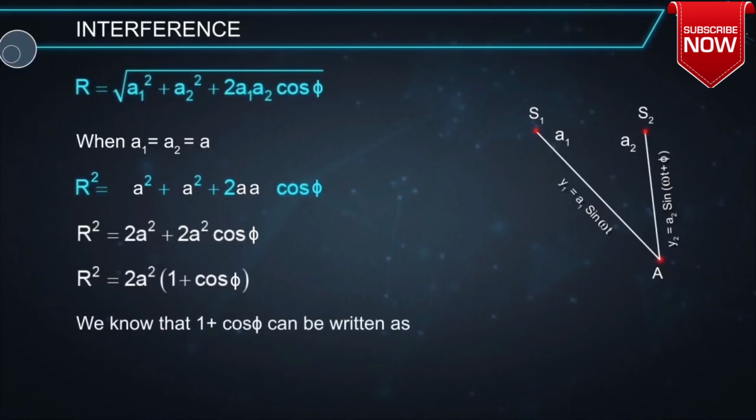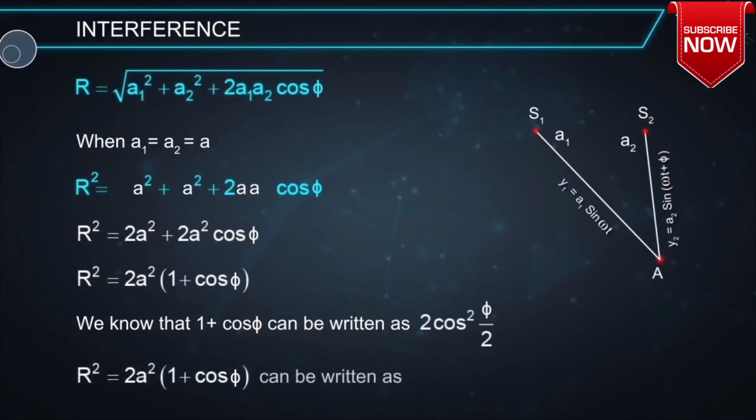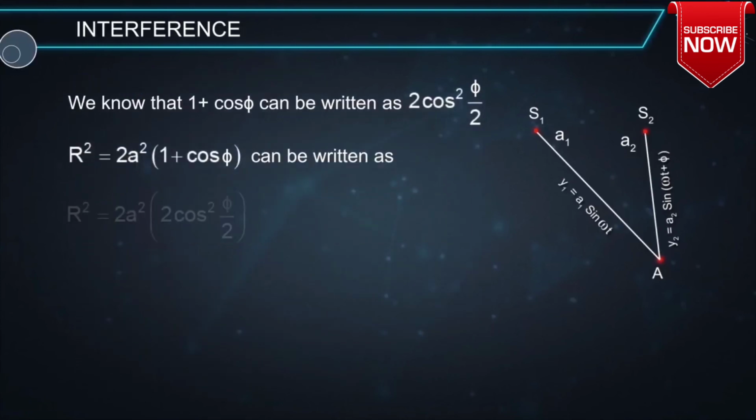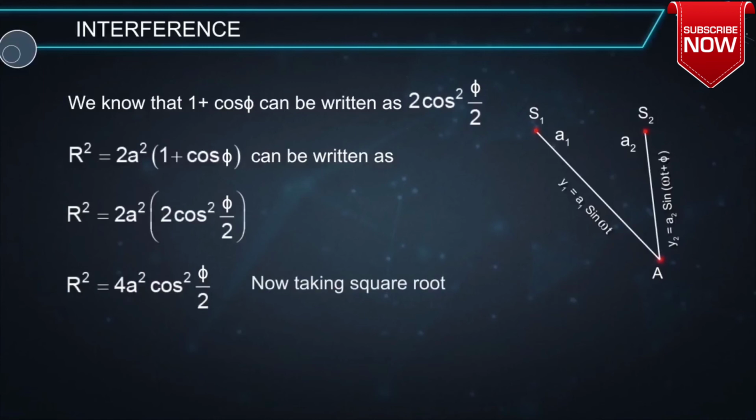We know that 1 plus cos phi is equal to 2 cos square (phi by 2). Therefore, the above expression becomes r square equals 2a square into 2 cos square (phi by 2). Therefore, r square becomes equal to 4a square cos square (phi by 2). Now taking square root, finally we get r equals 2a cos (phi by 2).